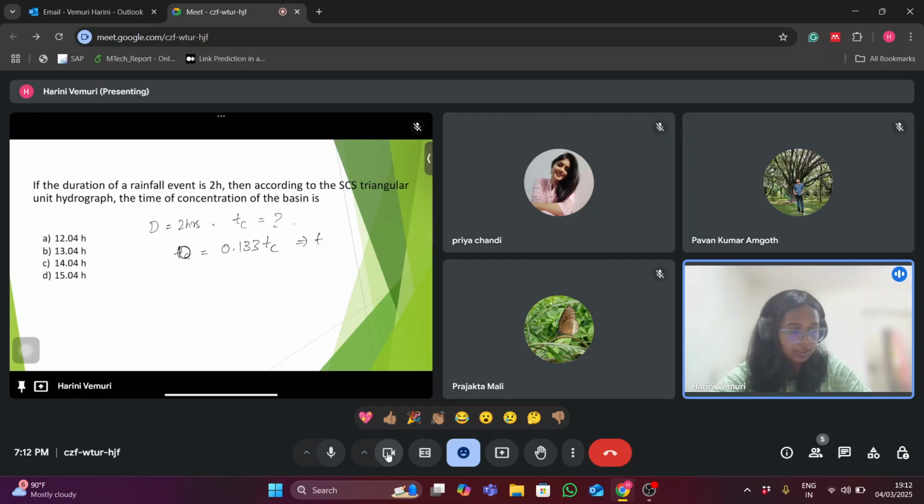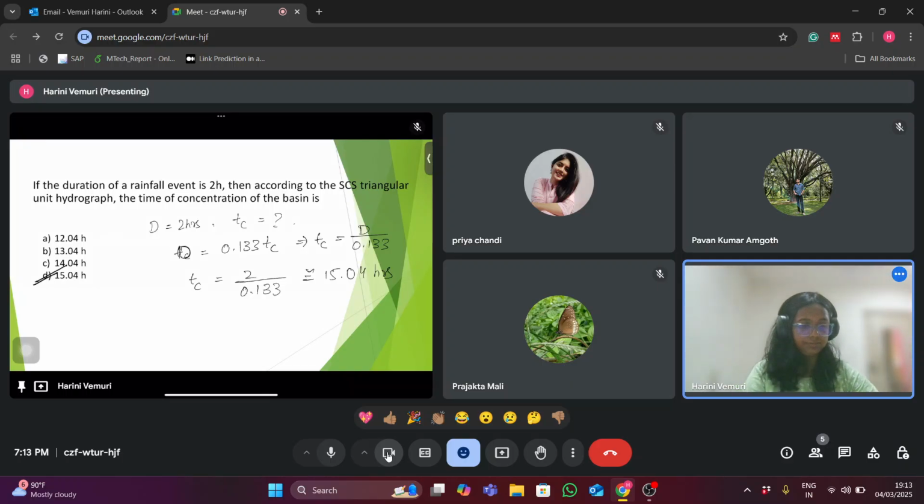So TC equals D by 0.133, which is 2 divided by 0.133, approximately 15.04 hours. So the option is D.